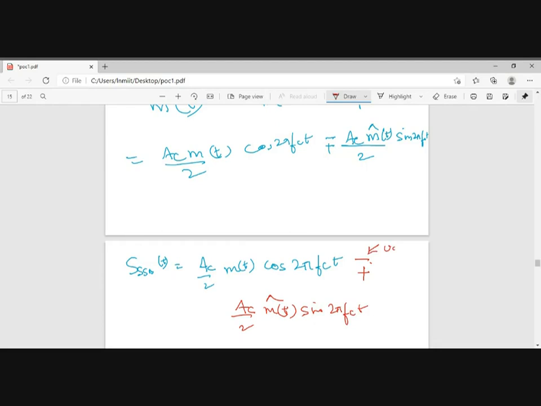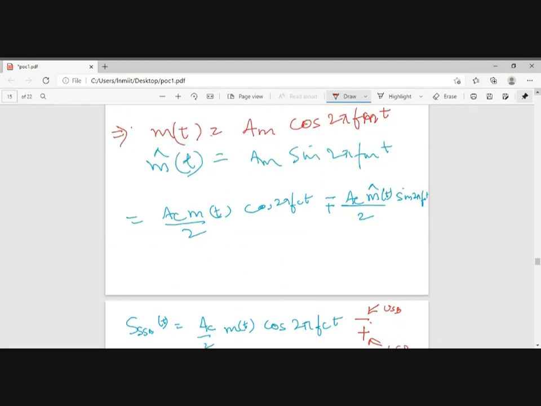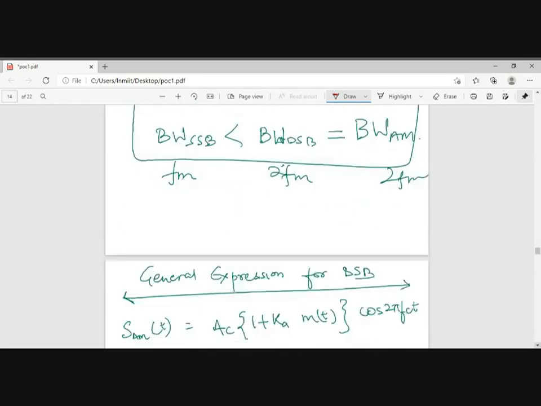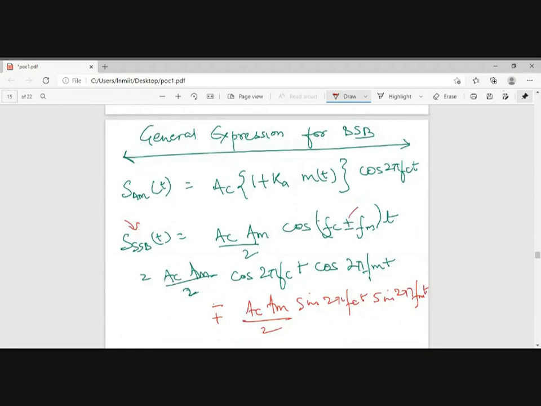Minus is for USB and plus is for LSB. Remember this because we started from plus. See this, plus was for USB and minus for LSB.